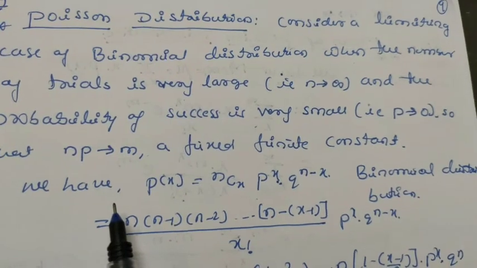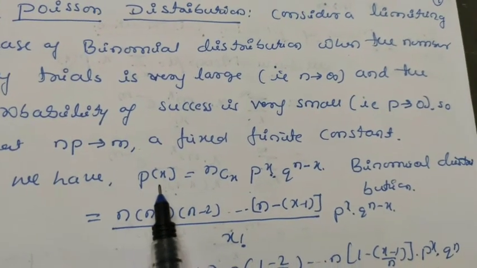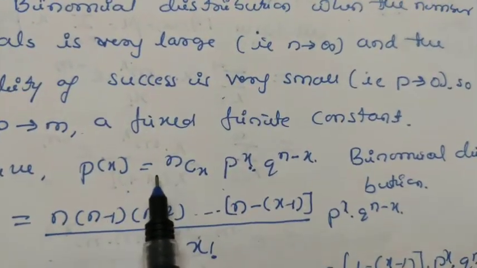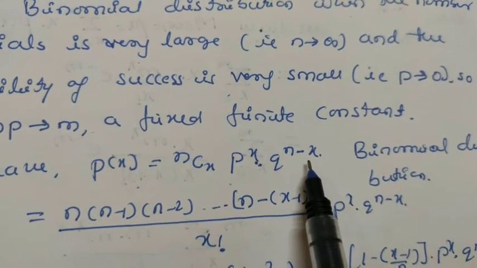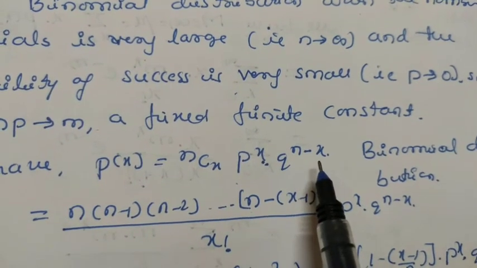So now we have from this binomial distribution, we know the value of p of x as ncx p raised to x into q raised to n minus x. This is the definition of a binomial distribution.